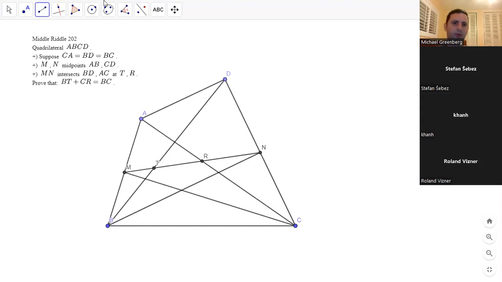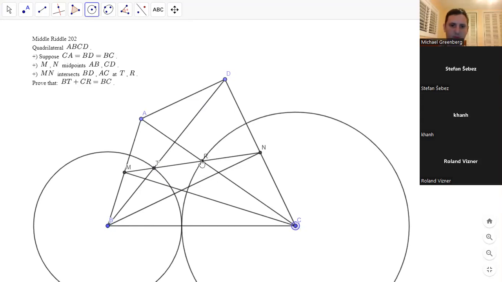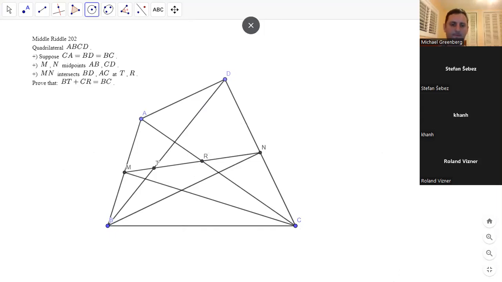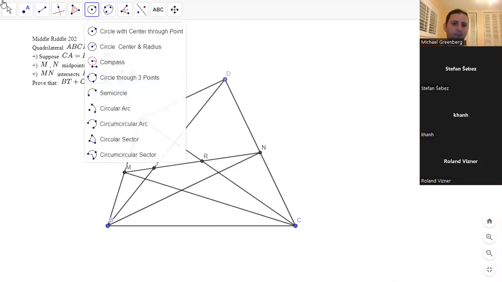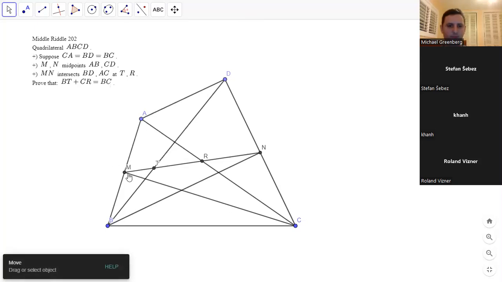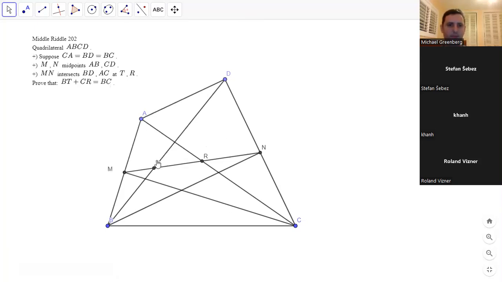Now we could check that the problem's actually true. Oh, intersect AC and BD. Okay.